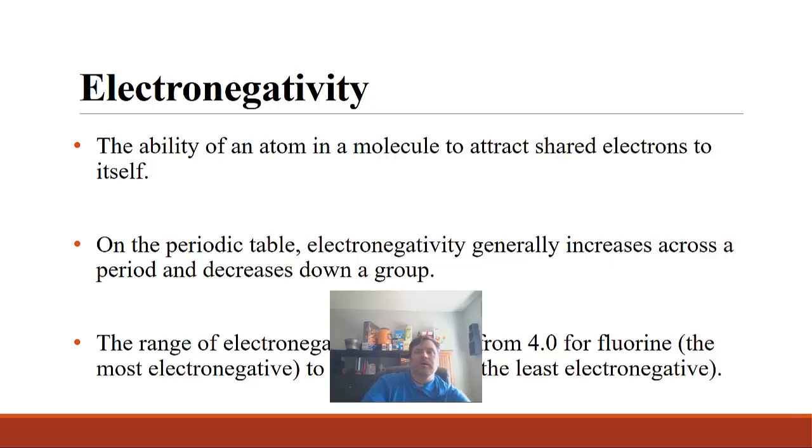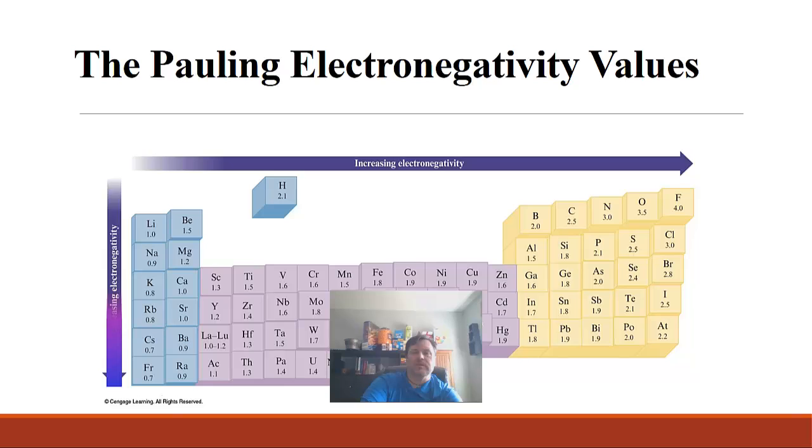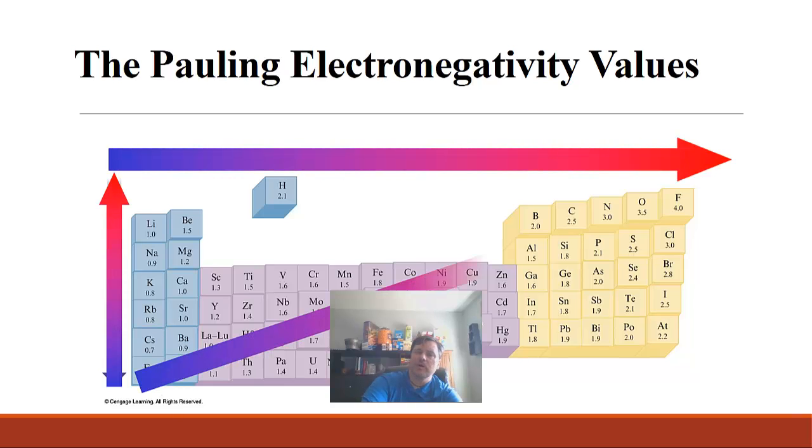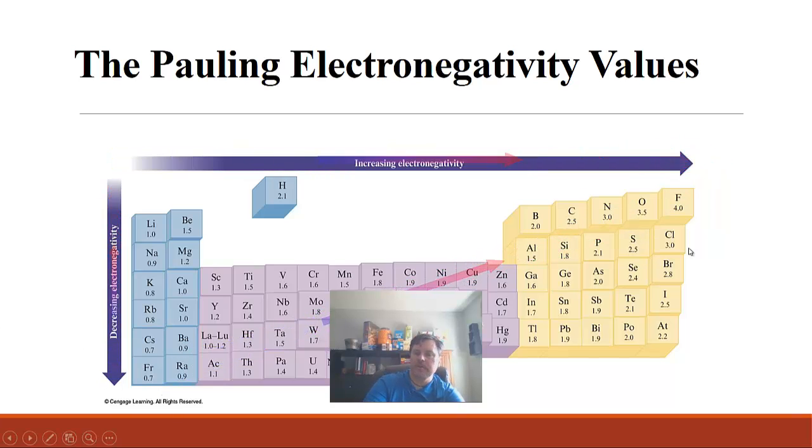Remember, our noble gases don't attract them. They're happy. They get a full shell, so they don't really have an electronegativity value. So we can think of it going this way, if you want a one arrow, right? Small down here, large values up here. And we're going to be talking, remember, about non-metals. So we're looking at this part of it here.